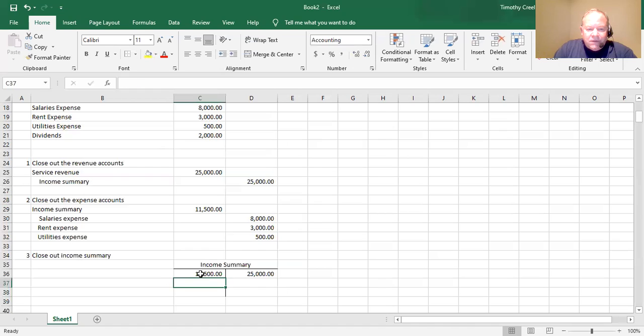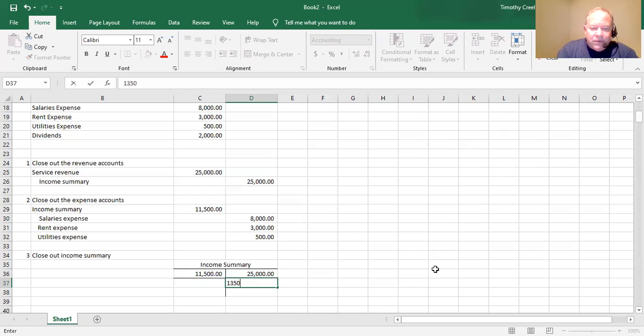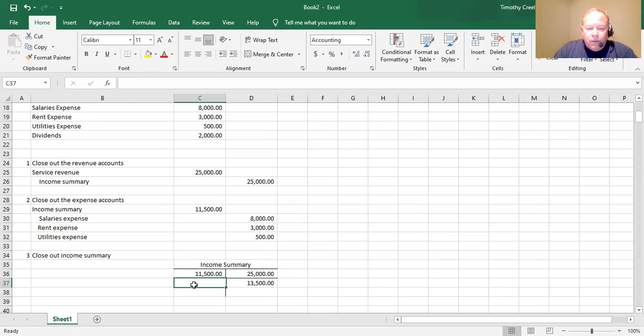expense accounts. So remember how it goes when you're looking at T accounts. Larger side minus the smaller side gives you your larger side balance. So based on this information, we would have a $13,500 credit balance in that account. So if we wanted to close it out to 0, we would need to debit income summary for $13,500 in order to close it out to a 0 balance.